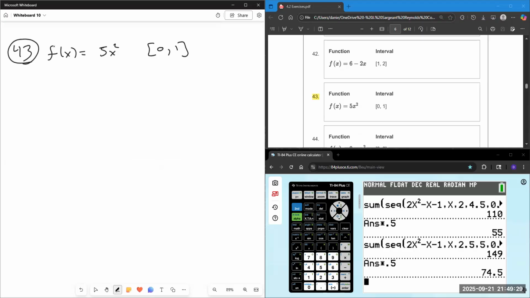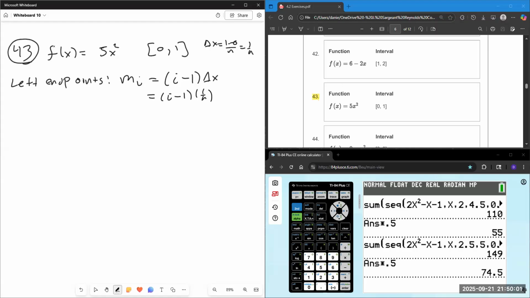So our left endpoints will be notated by lowercase m sub i, and the formula for that is given by i minus 1 times delta x. So delta x is 1 minus 0 over n, which is 1 over n. So this will be i minus 1 times 1 over n.